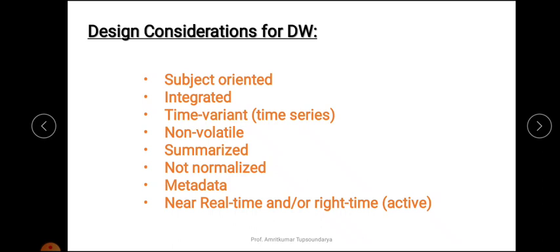A data warehouse should be non-volatile, it should be summarized and not normalized. It should have metadata. It should be near real time. If not real time, it should be at least near real time and or right time. That is the active. So we'll discuss more about it in detail one by one.